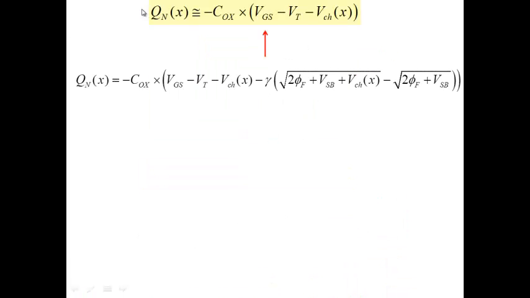The other point is to remember this equation: even if you assume the 1D approximation, the more accurate expression was Qn equal to minus Cox times (VGS minus VT minus V channel) plus this gamma term, which denotes the variation of depletion charge along the channel. When V channel is 0, I have a certain amount of depletion charge, and when V channel equals the drain voltage, I have a different depletion charge.